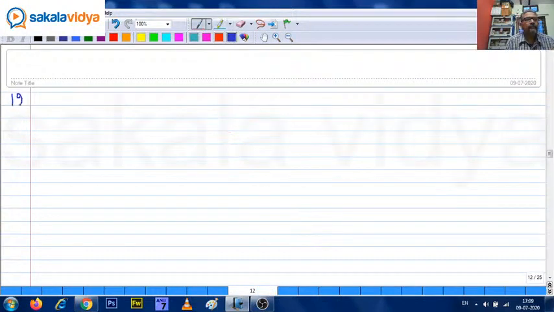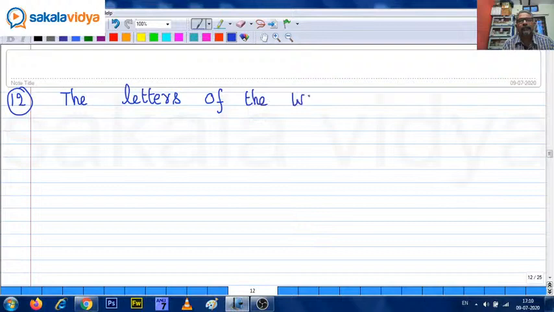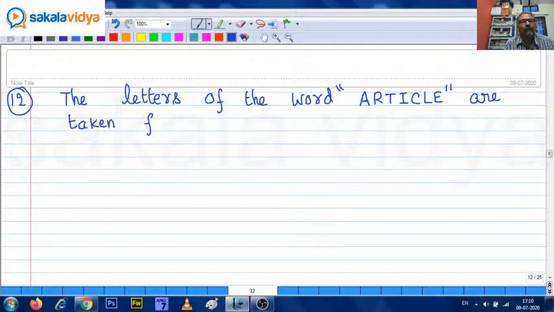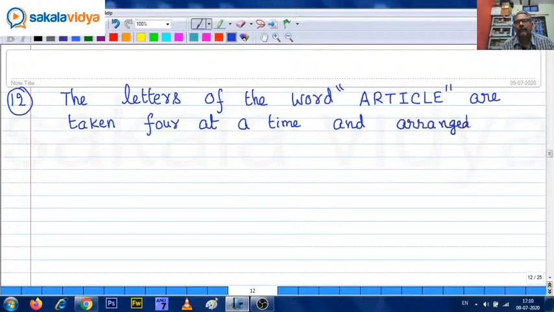So now the 12th one. The letters of the word ARTICLE are taken 4 at a time out of the letters of the word and arranged in all possible ways.